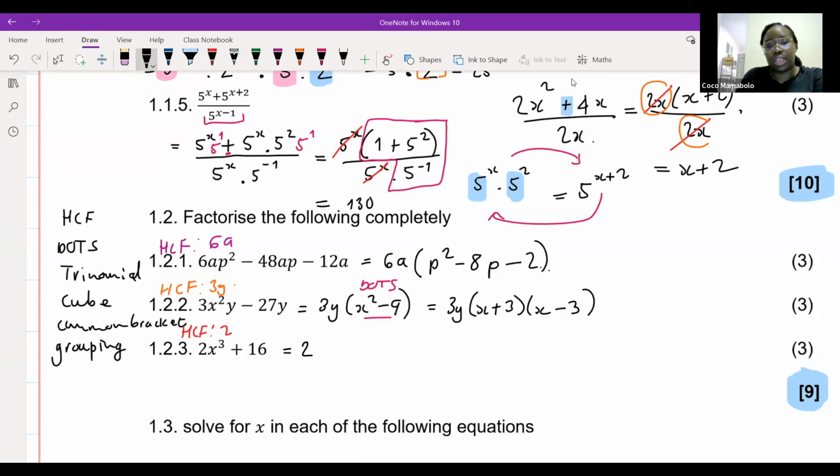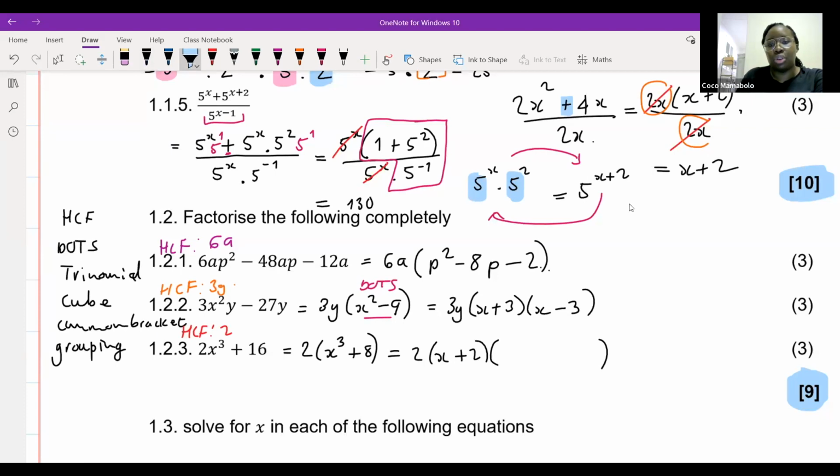So I'm going to take 2 out, and then I'm going to have x cubed plus 8, which makes this a cube. It's a sum of 2 cubes. So I'm going to take the 2 out and open a small bracket and a big bracket. Then I'm going to cube root both of these, so I get x plus 2 in my first bracket.